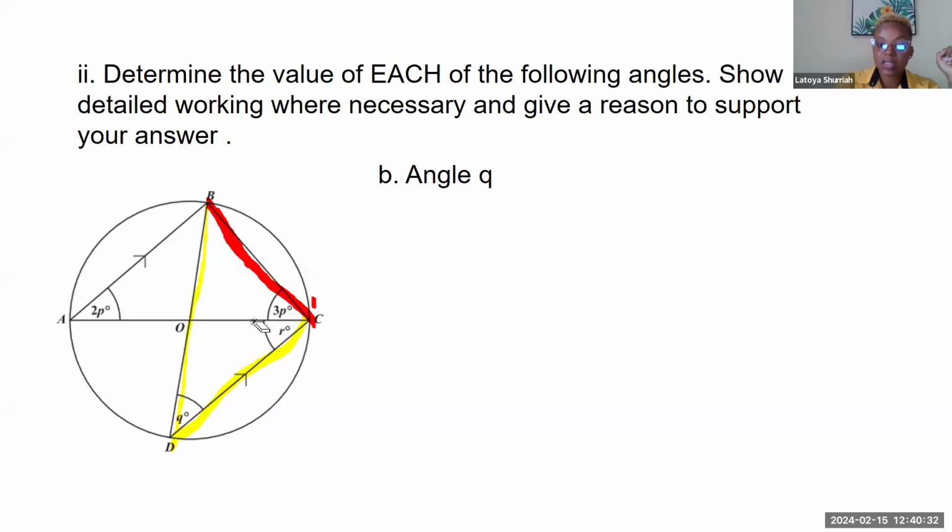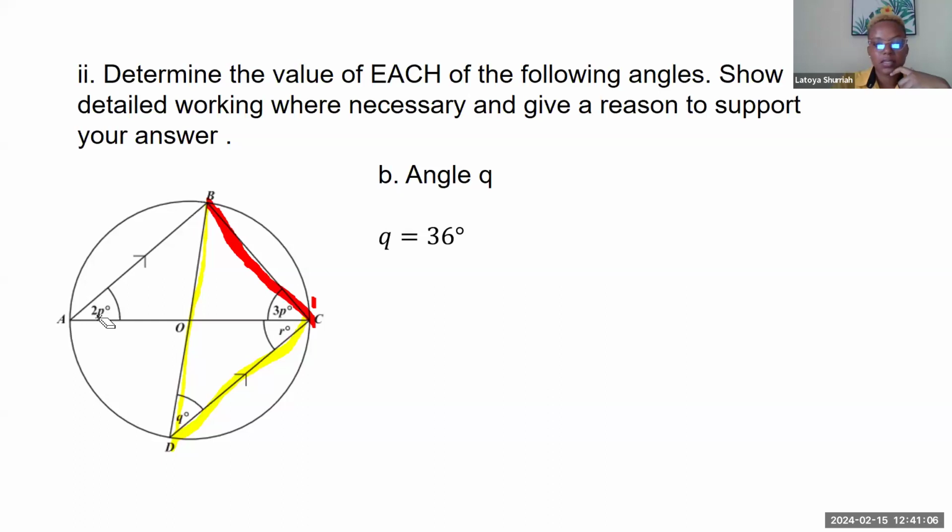We also see that angle 2P is coming from the same arc or chord. We already know the angle for 2P, which is 36 degrees. And we remember that when we have angles subtended by the same arc or chord in the same segment, those angles will be equal.